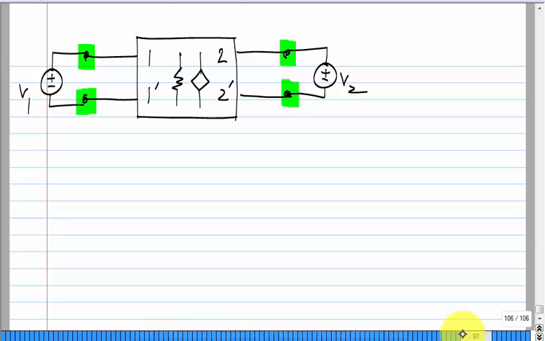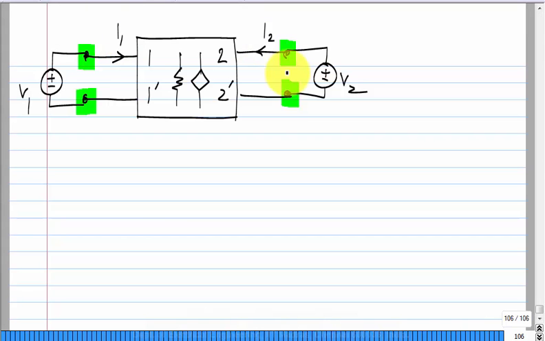I am not interested in going into the circuit now. So, what is it that I will measure? Currents? Yeah, I think you have two ports, you will measure the two currents I1 and I2. Okay?